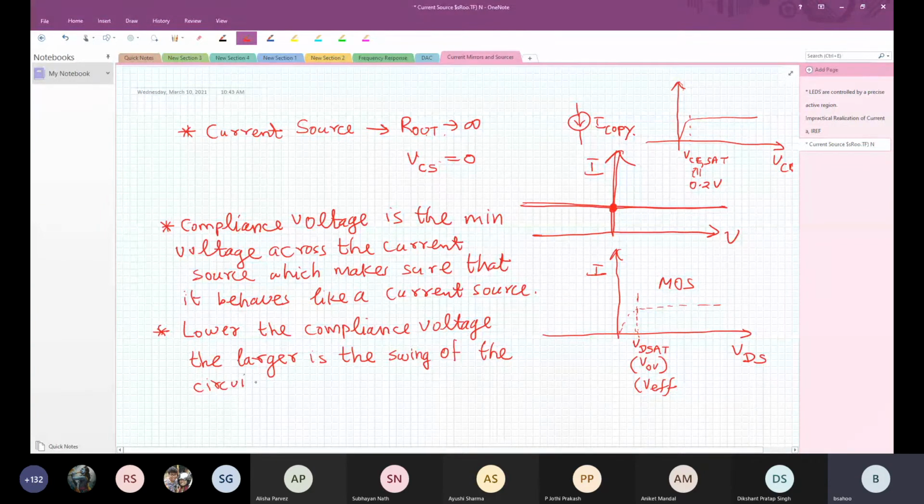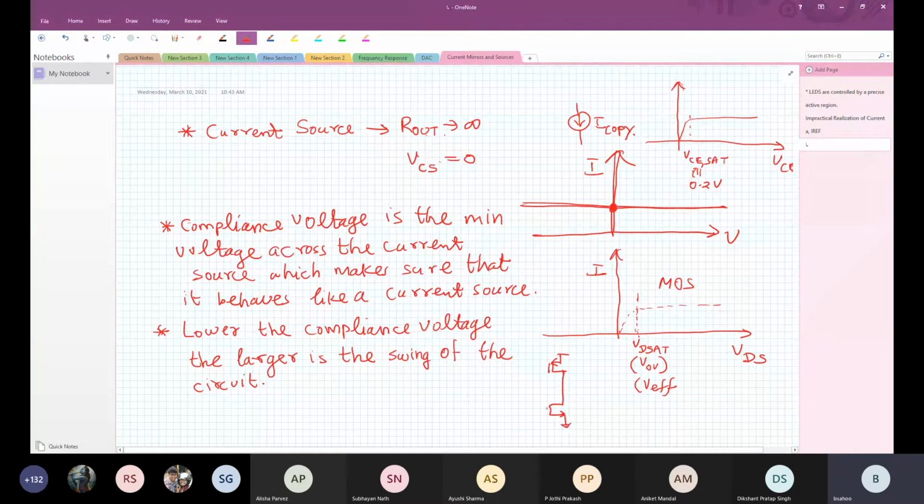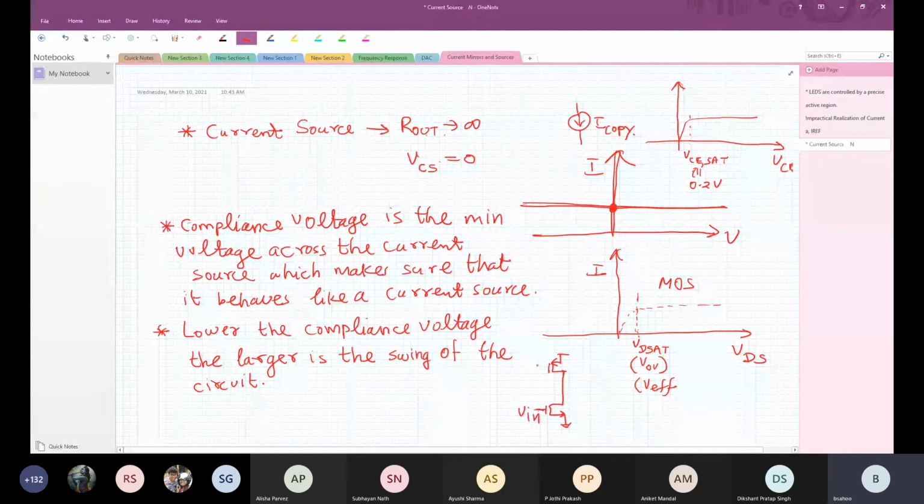To give you an example, suppose I build a current source loaded common source amplifier. V in is applied here and you have a bias voltage here, and we have V out here. What will be the swing here?